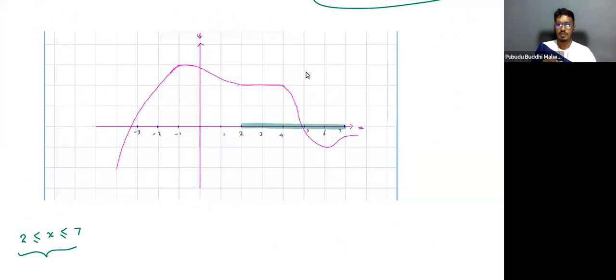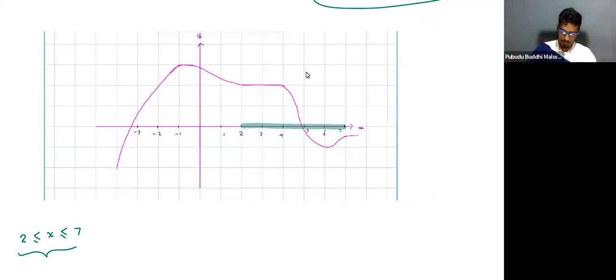For those x values, focus on y values or function values. Then compare those function values to get the highest or the greatest value. That is the maximum for this interval.